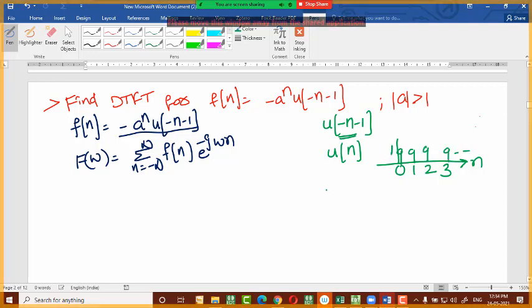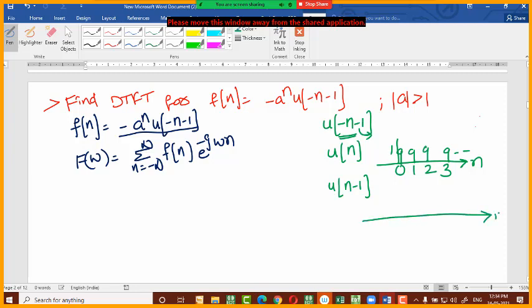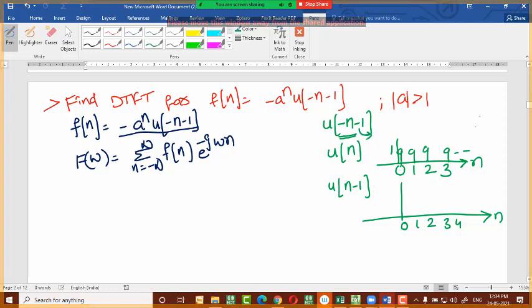Next, in order to draw this one, first I am applying the shifting property. So u of n minus 1 is the delayed version of u of n by 1. The whole n axis is shifted by 1, so whatever sample is at n equal to 0 will be at n equal to 1 now. So the signal starts at n is equal to 1.